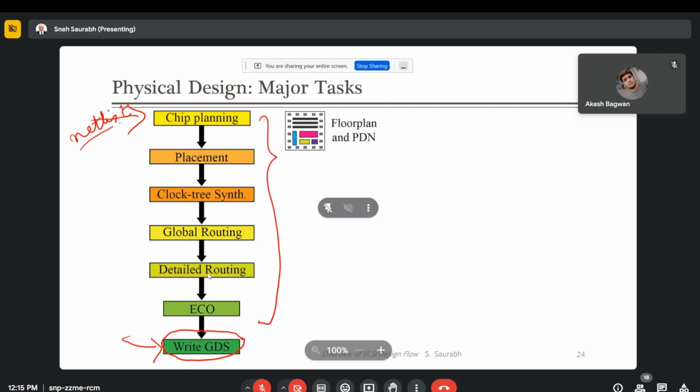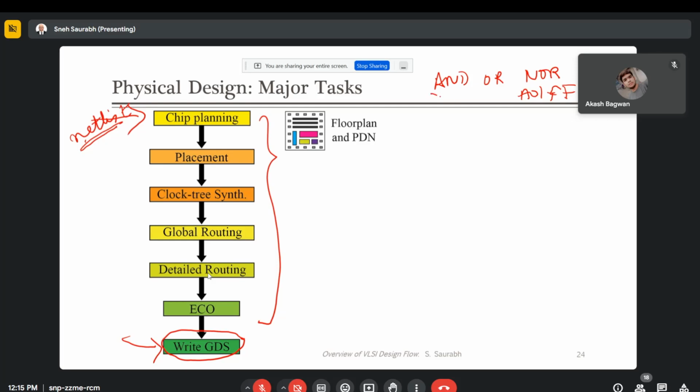At the netlist level, we have gates, for example an AND gate, OR gate, NOR gate, AOI, flip-flop, and so on. At this netlist level, we have that description.